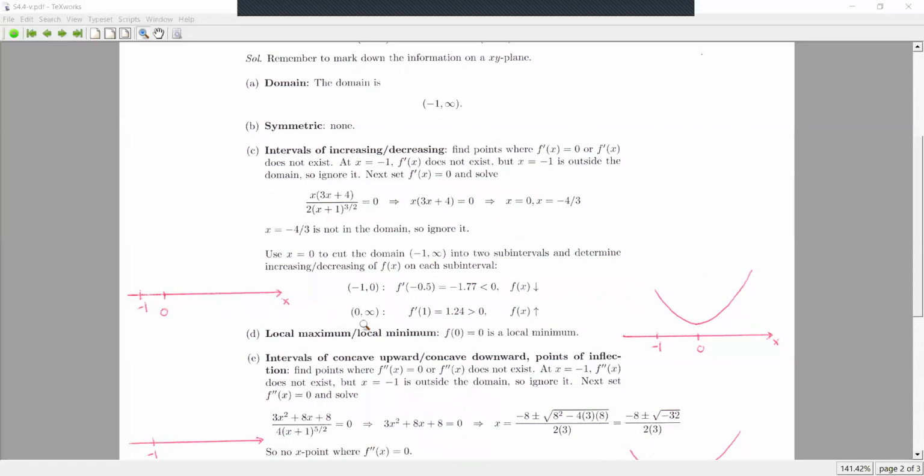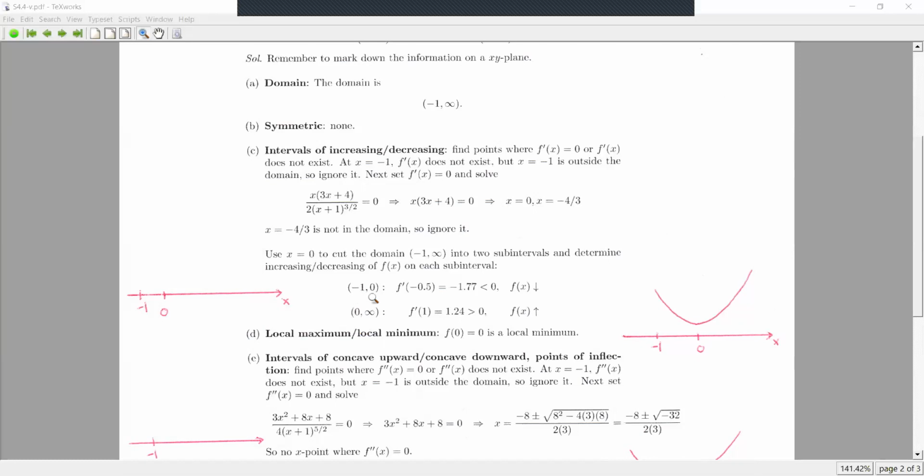Now let me determine increasing, decreasing on these 2 intervals. How to determine increasing, decreasing? Remember, consider the derivative. If the derivative is greater than 0, increasing; less than 0, decreasing.